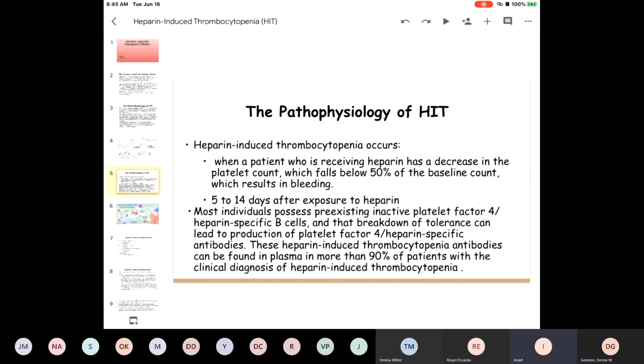Most individuals possess pre-existing and active platelet factor 4 and heparin-specific B cells, and a breakdown of tolerance can lead to the production of platelet factor 4 and heparin-specific antibodies. These heparin-induced thrombocytopenia antibodies can be found in plasma in more than 90% of patients with the clinical diagnosis of heparin-induced thrombocytopenia.